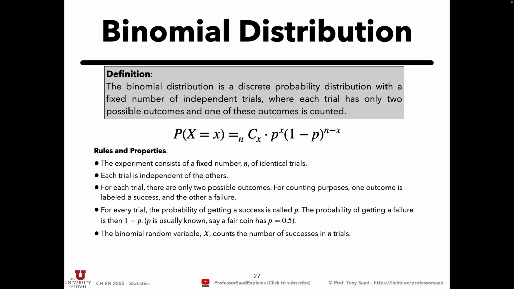There's only two possible outcomes for each trial. And every trial has a probability of getting success called P. Failure is 1 minus P. So you can call success whatever you want. You can call heads success or tails success. It doesn't matter as long as you get your probabilities in the formula correctly. And then the variable you're tracking counts the number of successes in those trials.